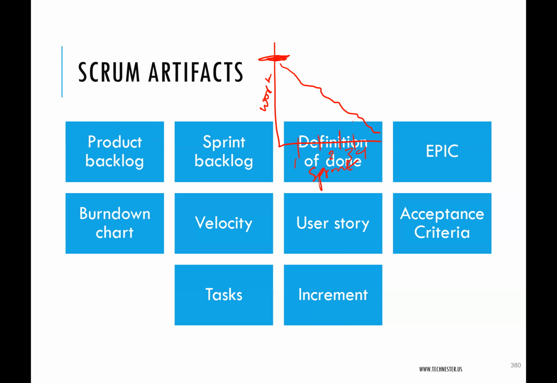So as we're carrying out more sprints, the amount of work is supposed to reduce. And that's the concept of a burn down chart. A burn down chart is just a chart showing how the amount of work is reducing as sprint progresses, as iterations increase.